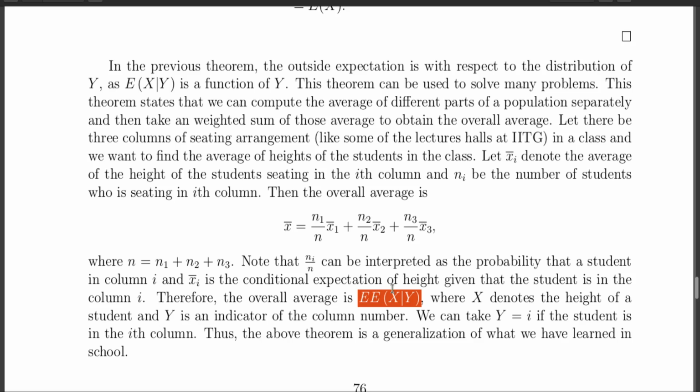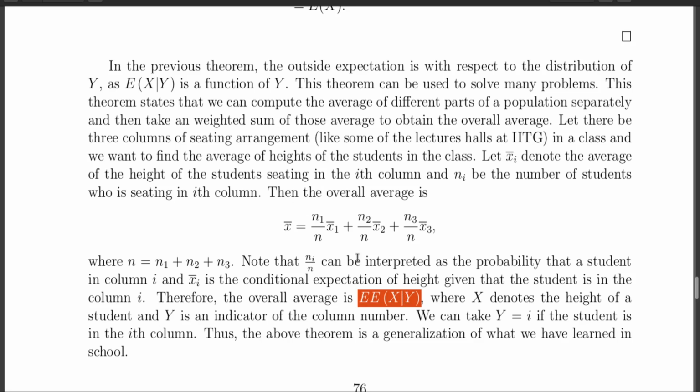Also, x and y can be continuous or discrete. But in this example, clearly x, the height, is continuous, but y, the ith column, is a discrete number.